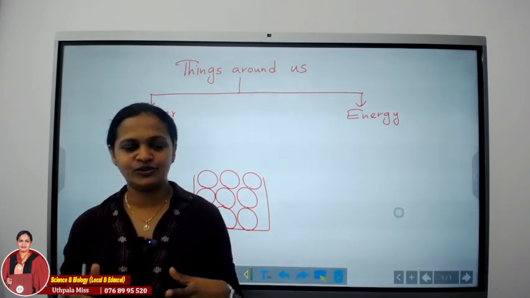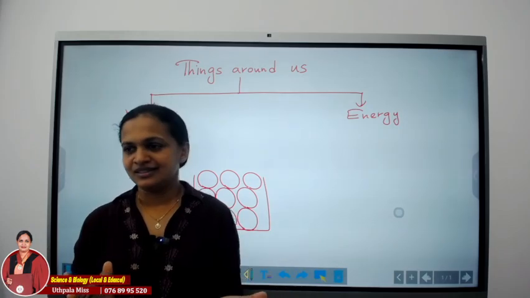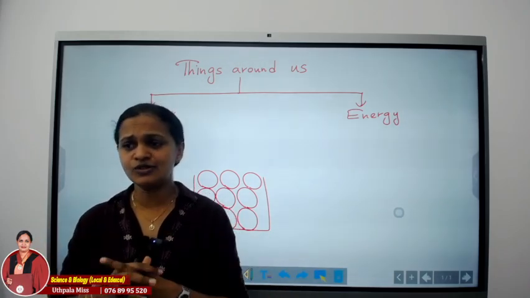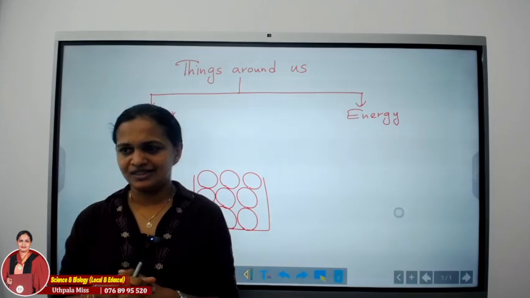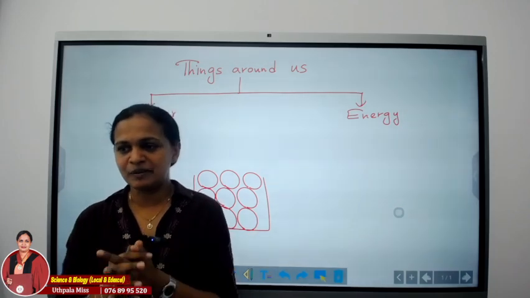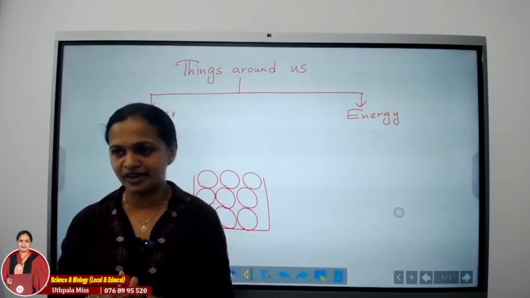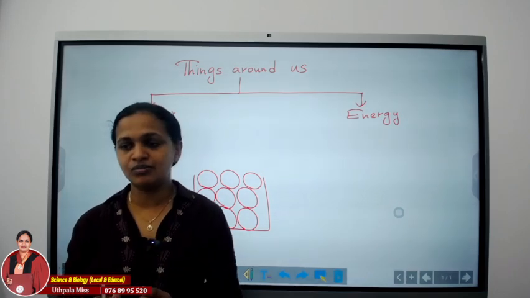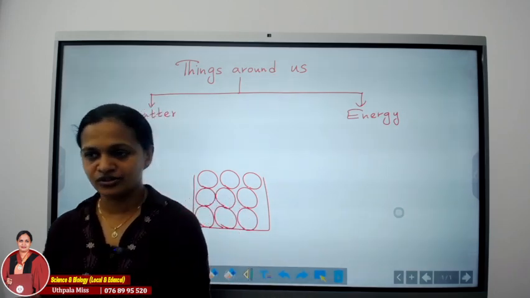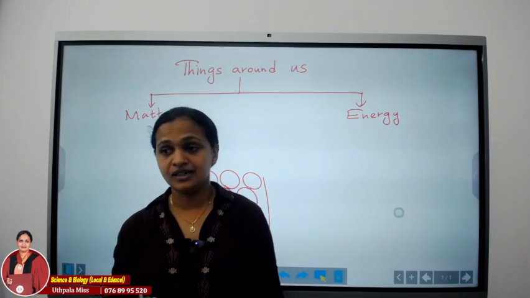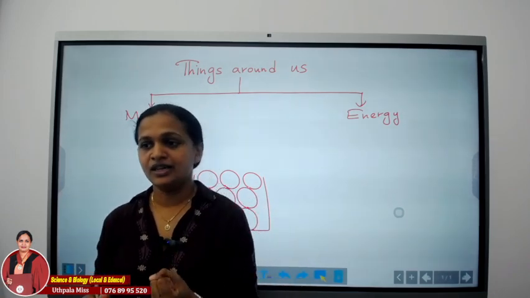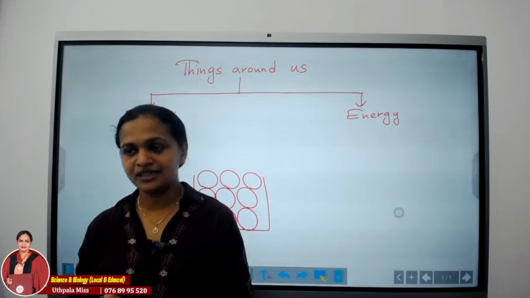Then if you take a bag filled with rice, that occupies space and it has a particular mass. We say that it is 1 kilogram. Or if we consider our body mass, we can say 40 kilograms. Each and every object has a particular mass.